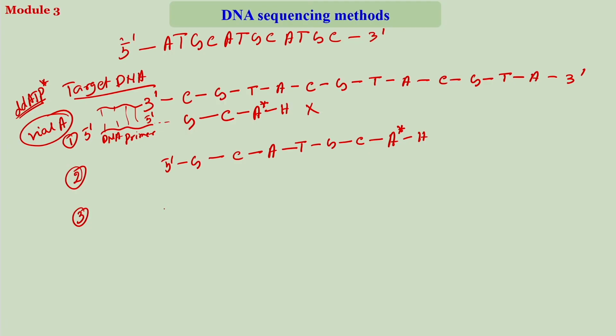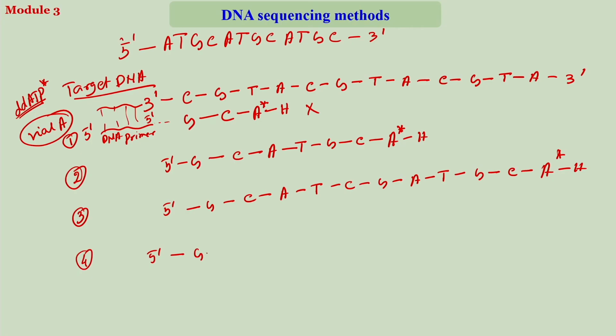Case 3, 5 prime G, C, A, T, G, C, A, T, G, C, again A has to come and it may stop right here, and case 4 that it does not stop at all.